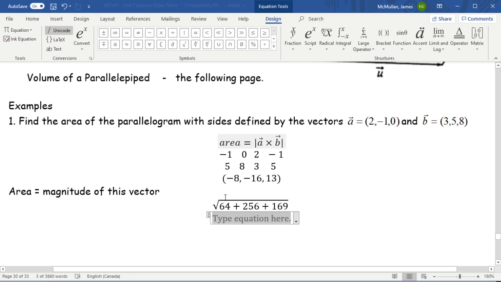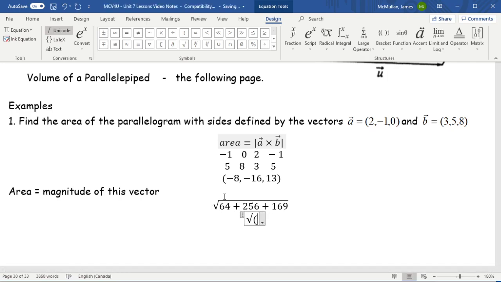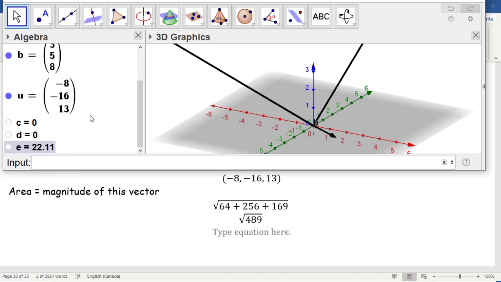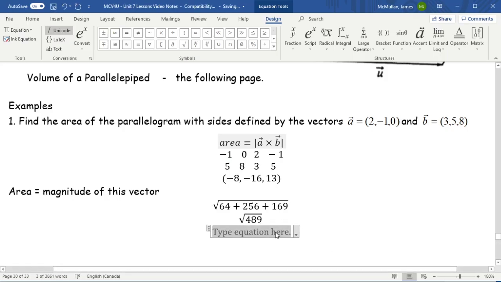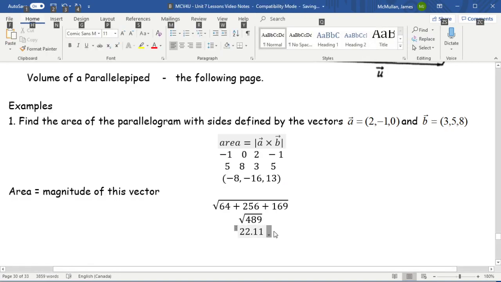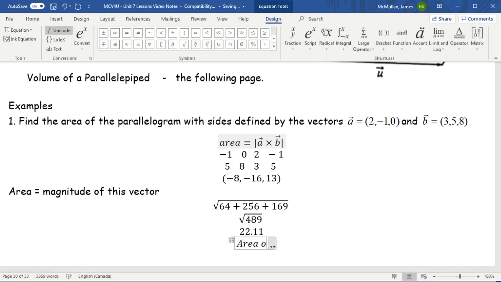The first two add up to 320, and 320 plus 169 is 489. I don't know that one off the top of my head. It might be 23. Nope, 22.11. So the area of the parallelogram would be 22.11 units.